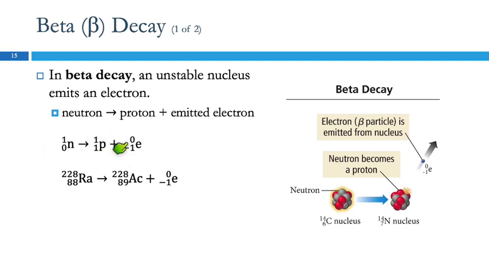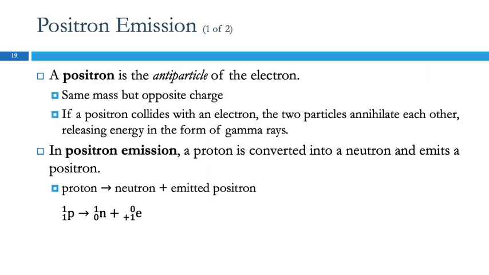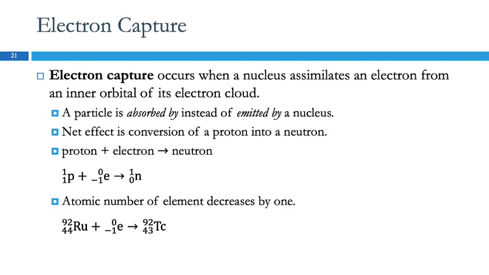Neutron became a proton and an electron. In electron capture, we have a proton capturing an electron to become a neutron. So in one sense, it's really, really confusing, but in another sense, we've got these nice little simple equations, and we're just doing things like 1 plus -1 is 0.